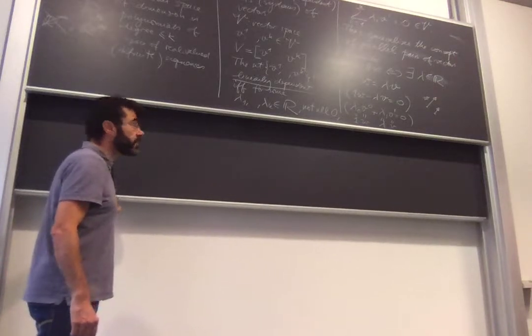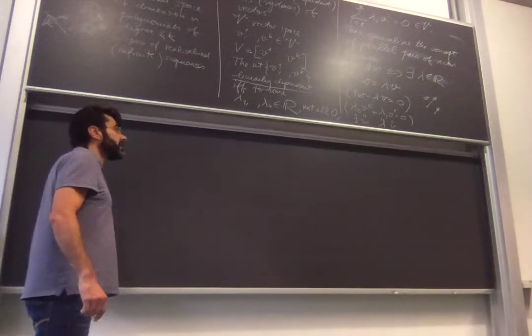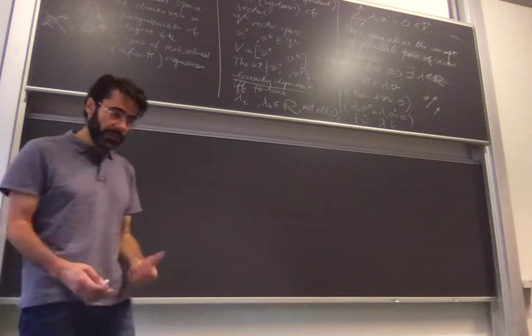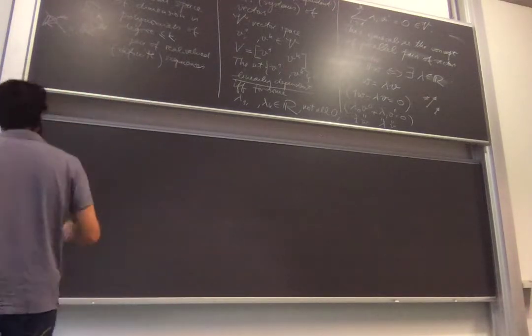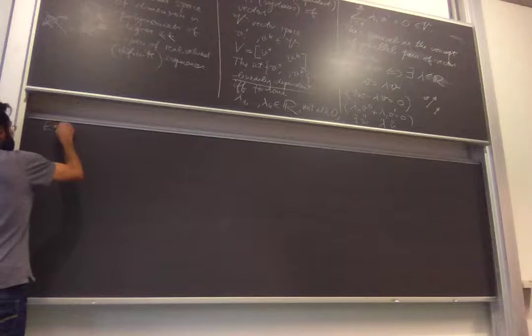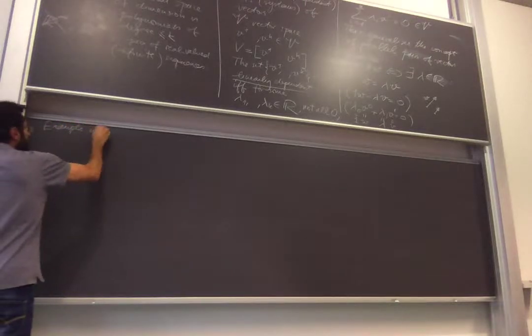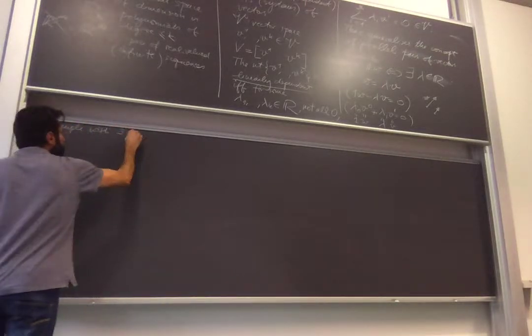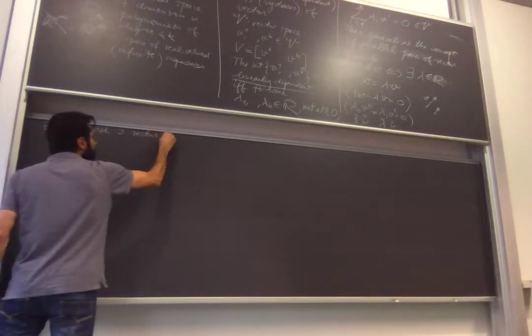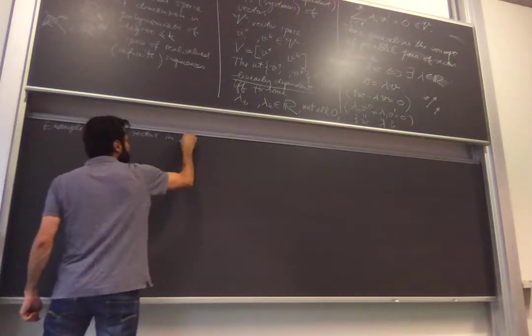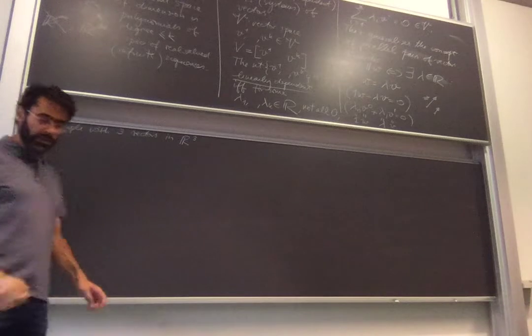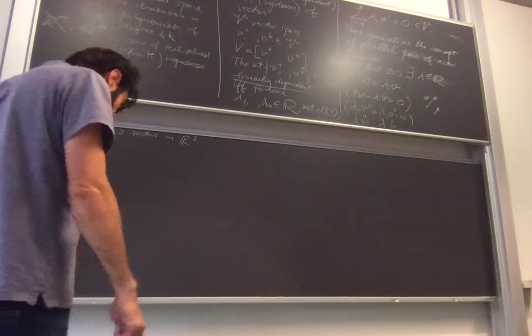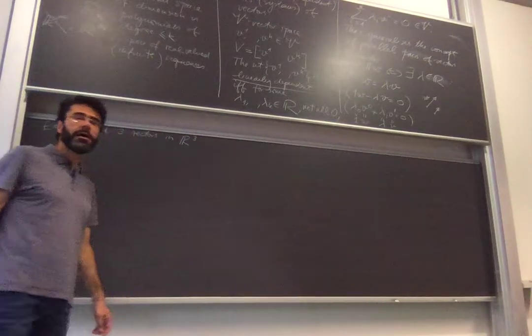Of course, for three vectors, this is no longer the case that they must be parallel. Let's make an example: three vectors. Let's do it in R3 to be interesting, because any three vectors in R2 are going to be linearly dependent.